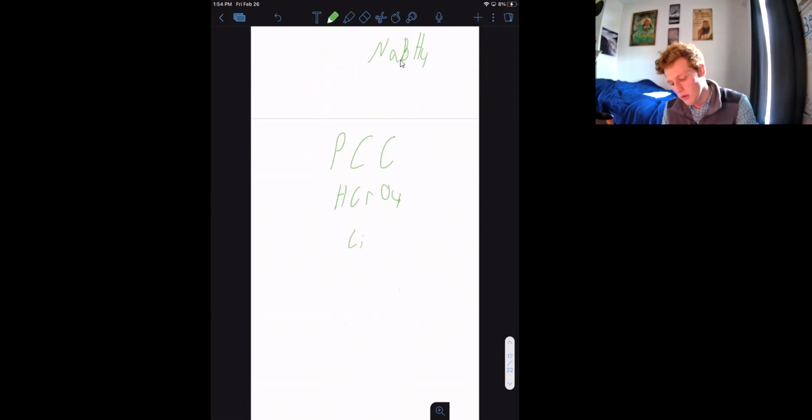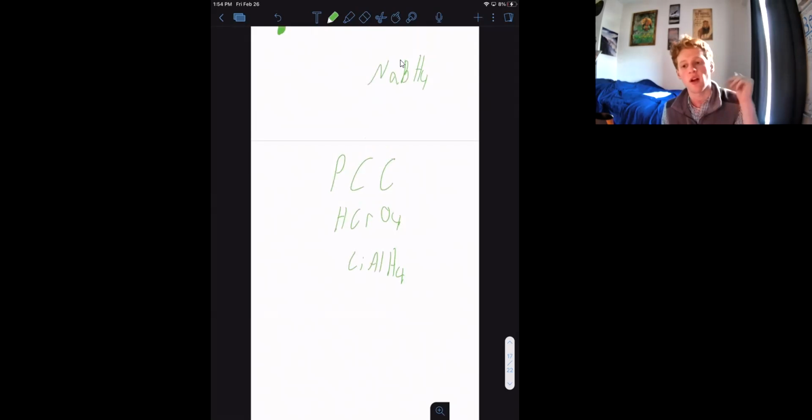You've also got lithium aluminum hydride, which will mess up anything and everything it touches, as long as it's just oxygen carbon bonds. It will not touch carbon carbon bonds. That includes carbon carbon double bonds. It only messes with the bonds between oxygen and carbon, and it takes all of those bonds away except for enough to keep just one alcohol.